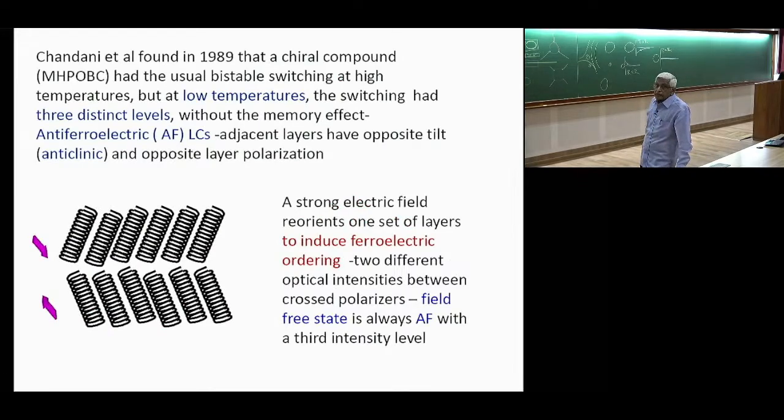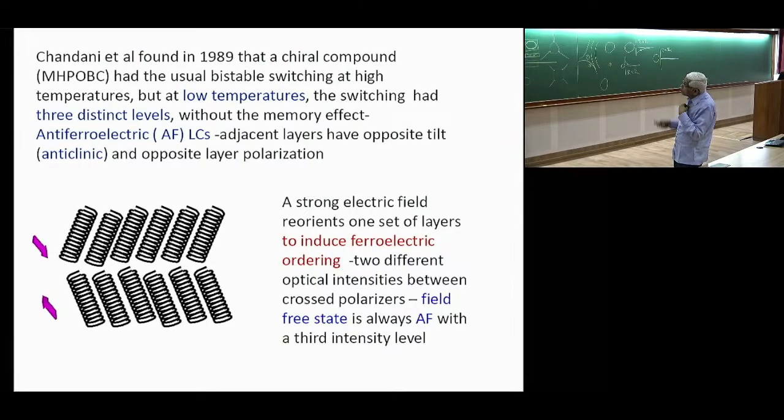now one of the results of this intense activity on the ferroelectric liquid crystals was that other types of liquid crystals were also discovered. Chandani, who is actually from Sri Lanka but working with a Japanese group, found in a material called MHPOBC the usual bistable, ferroelectric switching that I discussed.